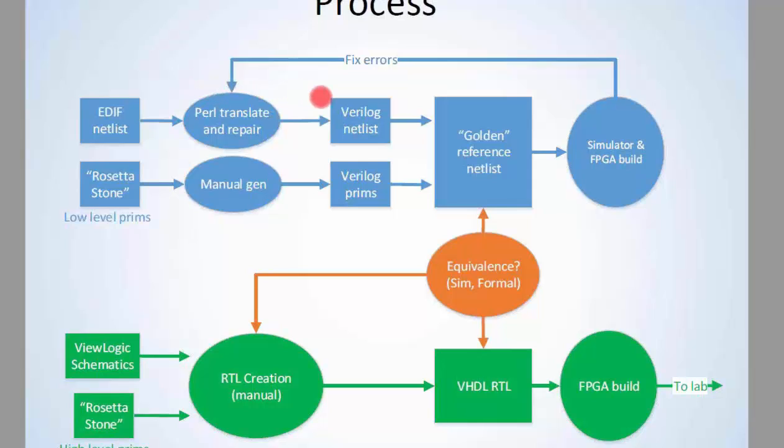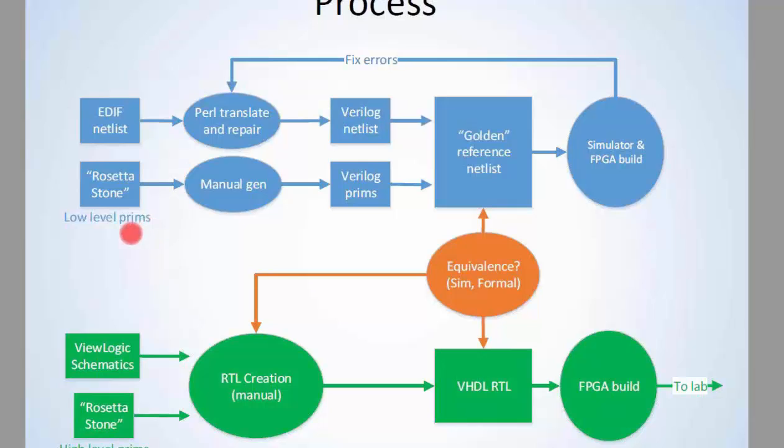It translates to a Verilog netlist, but also repairs, infers directions, infers structure. It had a lot of hard-earned, sweat-developed heuristics in order to be able to make something comprehensible out of the EDIF. And that gets fed into our reference net list.